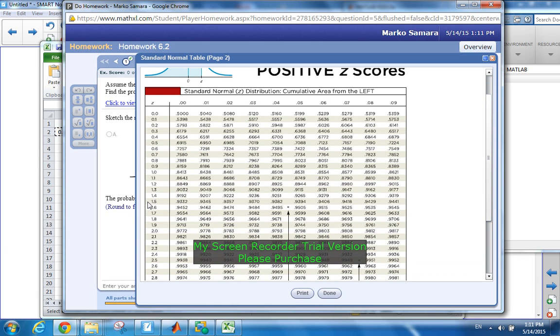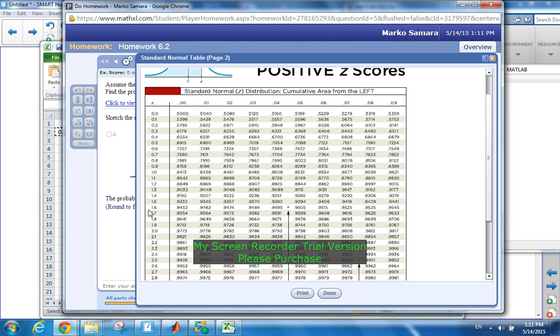For 1.61, you start with the row which starts with 1.6. In that row the z-scores are 1.6 and then some digit in the second decimal place. Since we need 1.61, you look for the column 0.01. It's like you are adding 1.60 and 0.01, so you get 1.61.